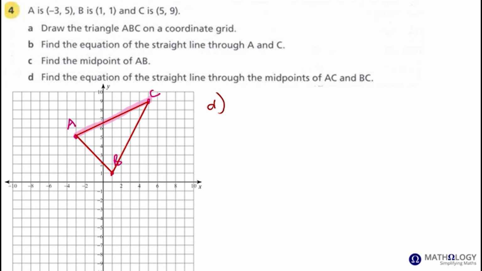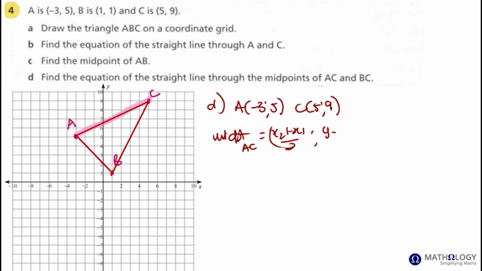Part E. Find the equation of the straight line through the midpoints of AC and BC. Okay, so A is -3, 5 and C is 5, 9. So the midpoint of AC is x2 plus x1 over 2, y2 plus y1 over 2.